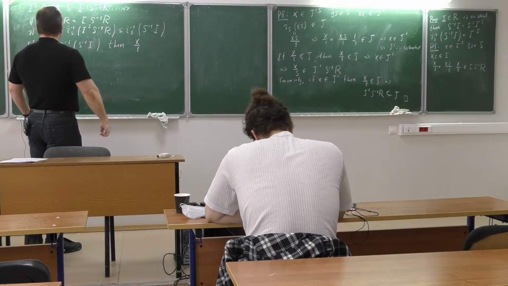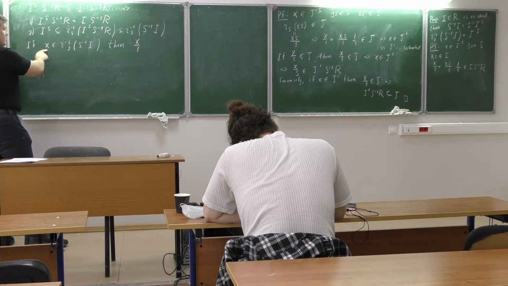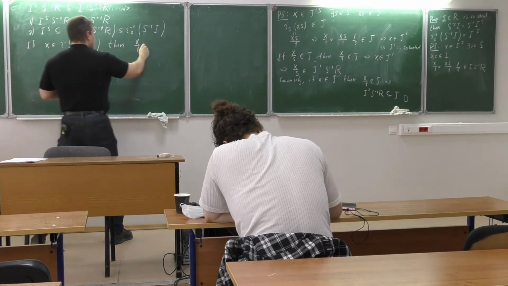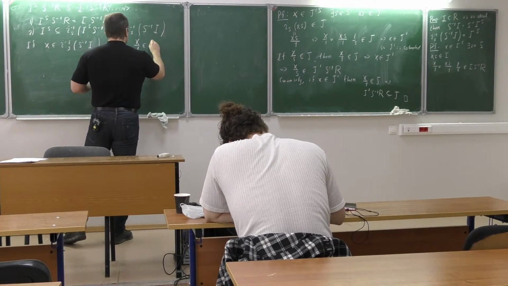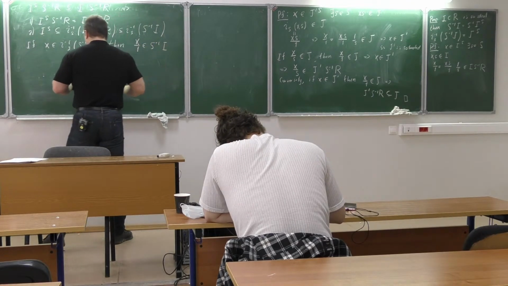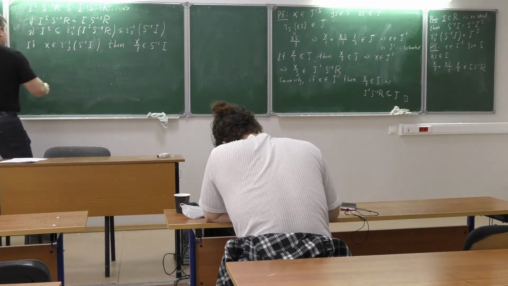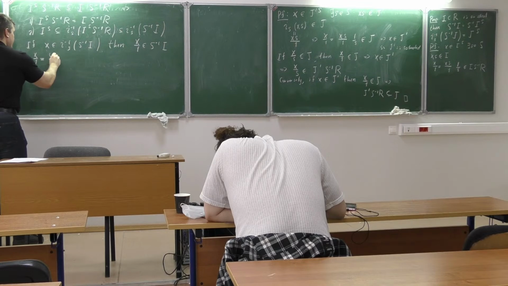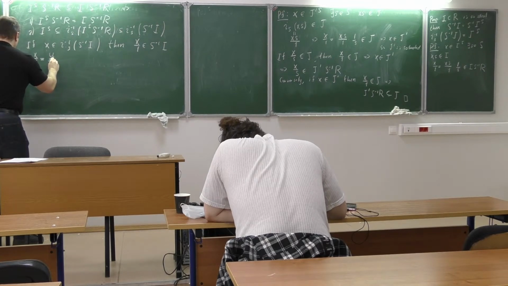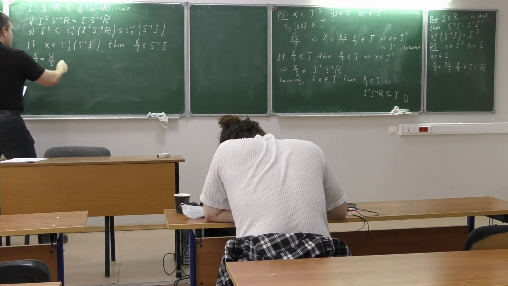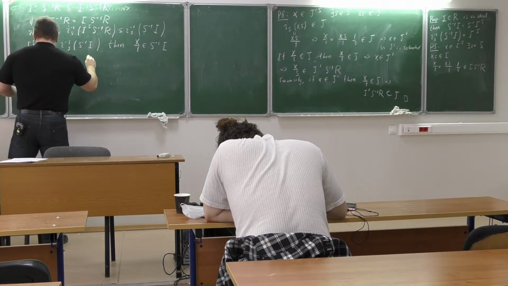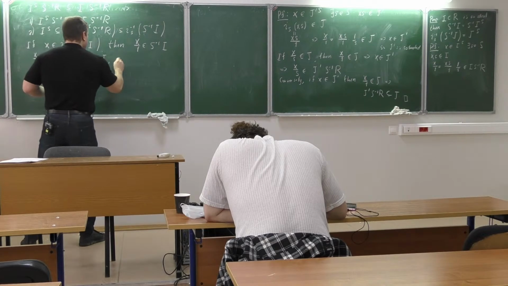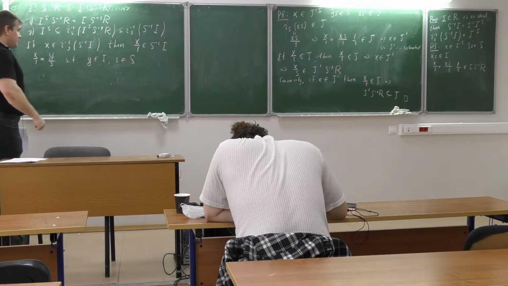So this means that if you apply iota to this x, and applying iota to this x is exactly x over 1, this is in the localization of the ideal S^{-1}I. So this means that this fraction x over 1 is equal to another fraction y over s, such that I know that y is in the ideal I and s is in the multiplicative set S.